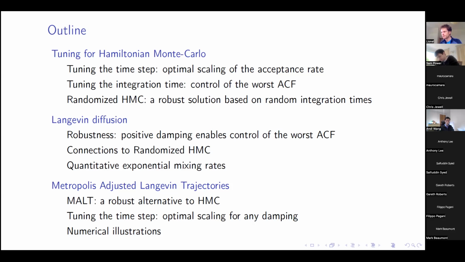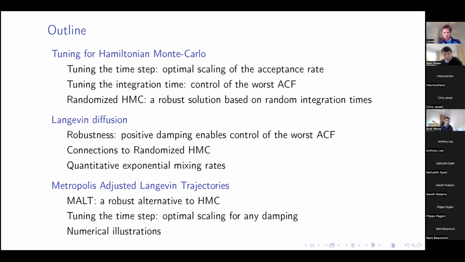things to tackle. Right, in the second section, I'm going to motivate the study by presenting the Langevin diffusion, also known as underdamped Langevin diffusion, and I'm going to motivate this study compared to another approach suggested in the literature to tackle the problem of robustness when tuning integration time, which is known as randomized HMC.